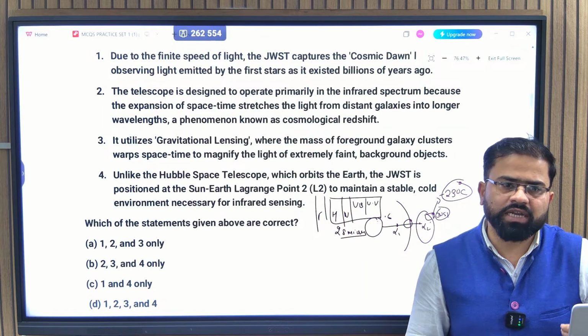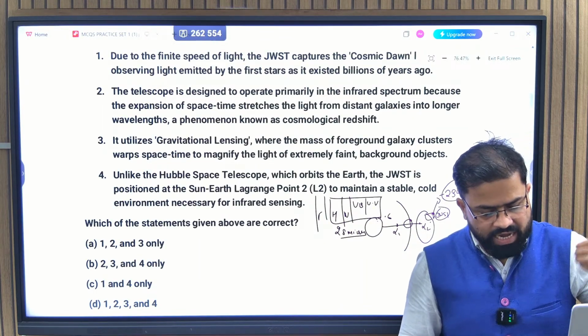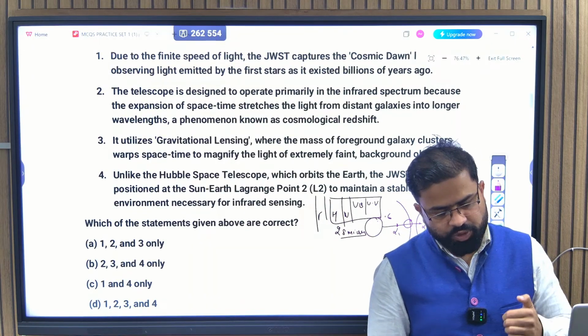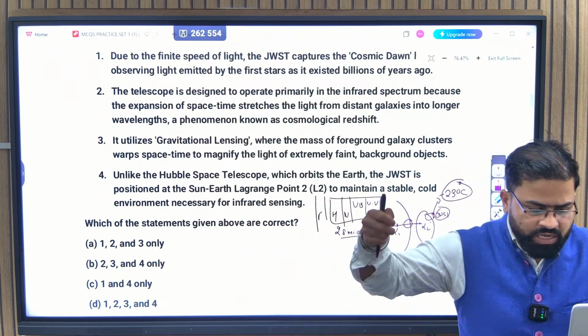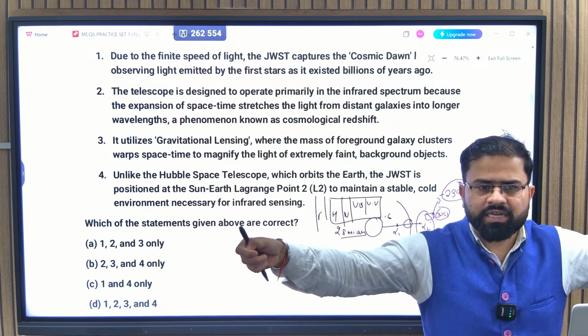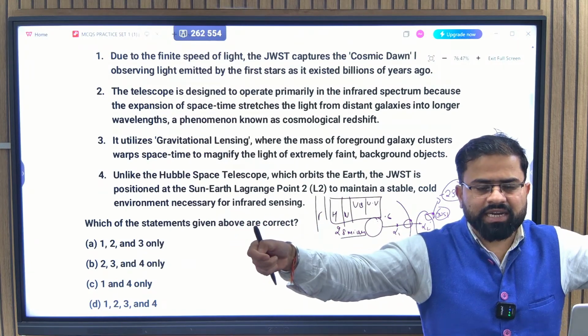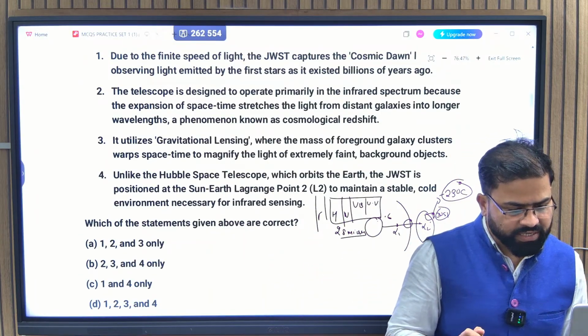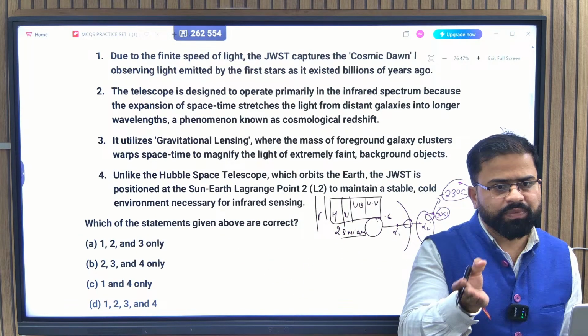Another aspect is dark energy. Dark energy is an anti-gravity force responsible for the expansion of the universe. That means the two celestial things will expand, and because of that, the electromagnetic radiations will also stretch and move toward the cosmological redshift. That means they will become infrared or radio waves.